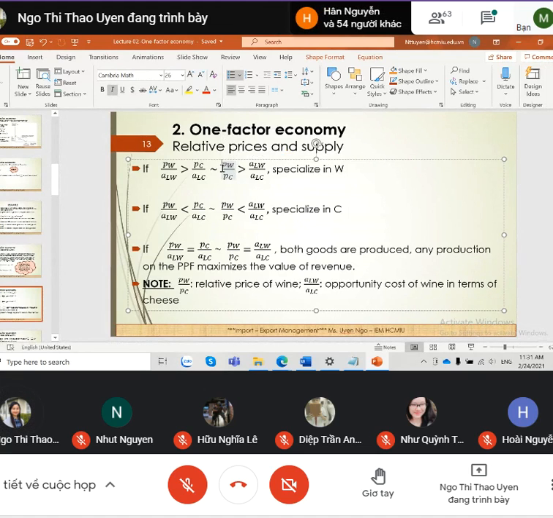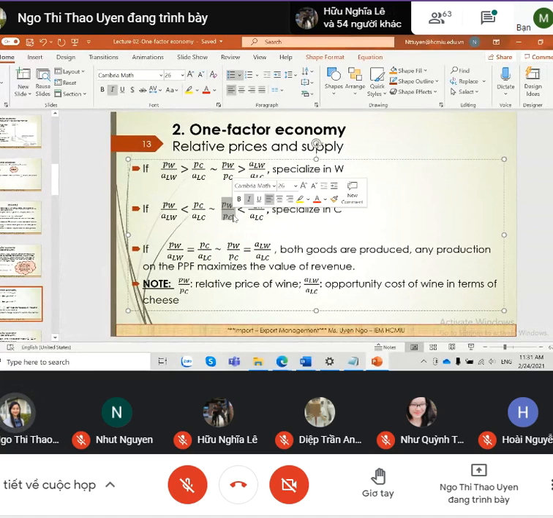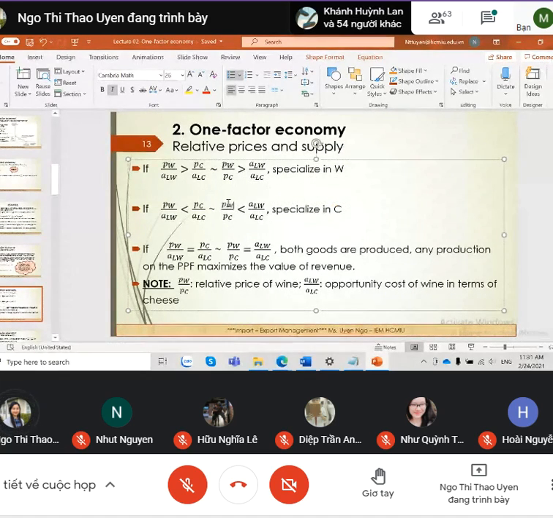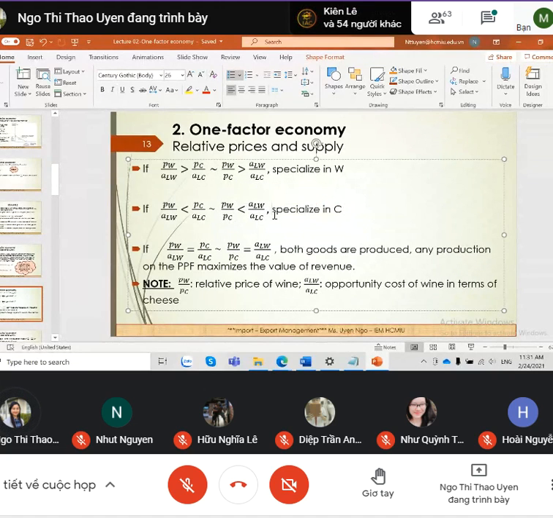Again, if what they receive is larger than what they pay, they will choose to specialize in production. If what they receive is smaller than what they pay, they will not produce this thing, but instead they will produce cheese, not wine.